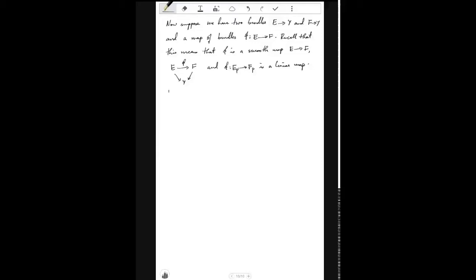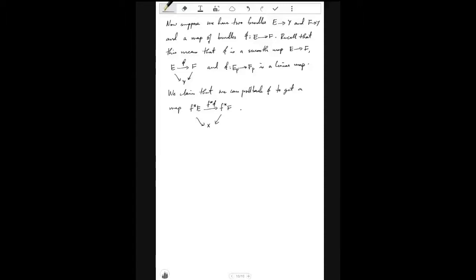We claim that we can pull back phi to get a map of bundles over X. So this is also not difficult.